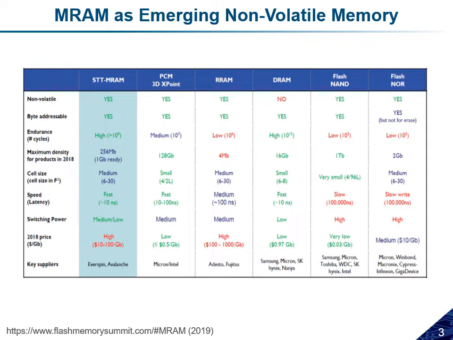STT-MRAM is considered a perfect candidate for future universal memory applications. This table shows some properties of the STT-MRAM in comparison to other memory technologies. With a quick look at this table, we can see that the STT-MRAM is fast, possesses a high endurance, its structure is simple, and, more importantly, it is compatible with CMOS technology in such a way that it can be easily integrated within CMOS circuits.